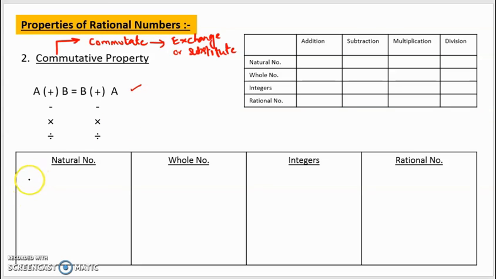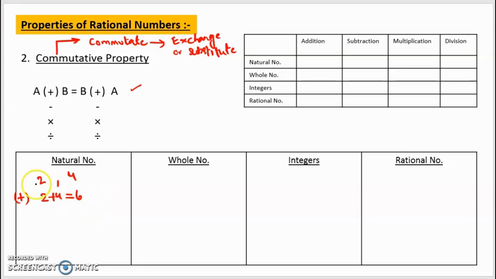Let us take two natural numbers now, for example 2 and 4. Let us first perform addition. When we perform addition, 2 plus 4 gives us 6.